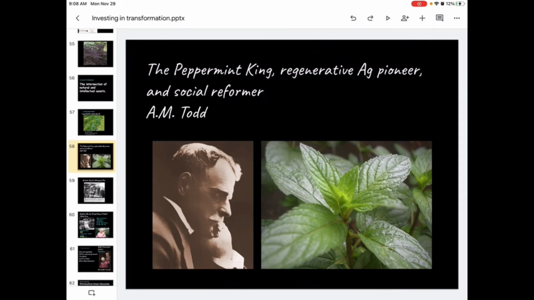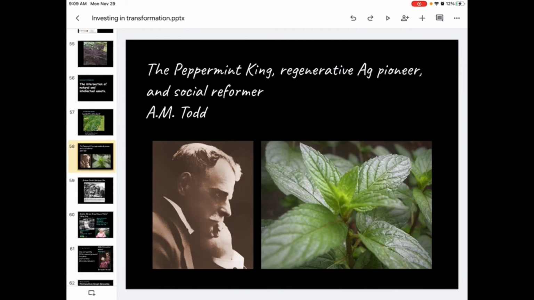He found some varieties of peppermint that today are still the main varieties used for peppermint flavorings. He was able to create a system for extracting really high quality peppermint oil. So this went on to create a peppermint empire.